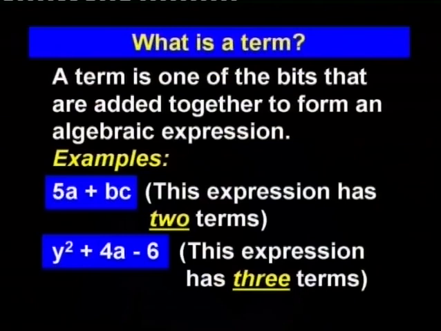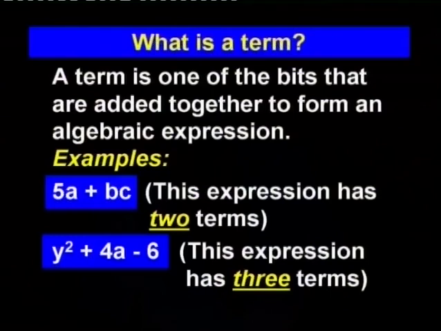Looking up here, 5a plus bc. Okay, this is an expression, algebraic expression, 5a plus bc. How many terms are there in this expression, class? Okay, what are they? 5a and bc.